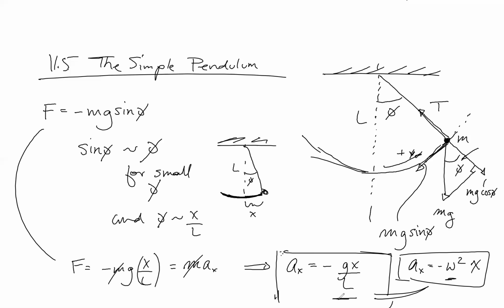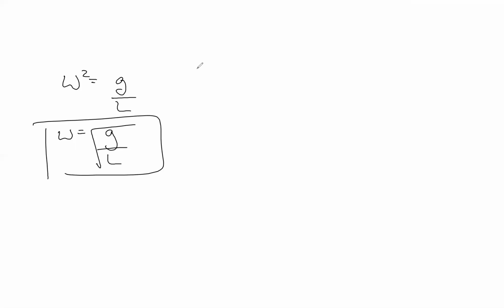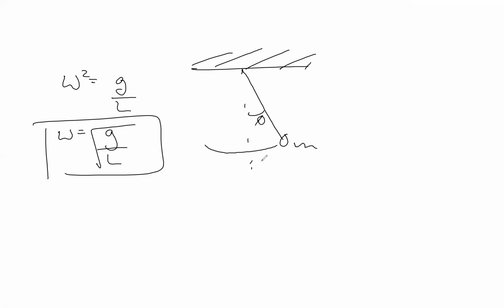So let me rewrite that here as omega squared equals g over L, or omega equals the square root of g over L. If I draw this pendulum out again, well, that's phi, and this thing just sort of swings back and forth.